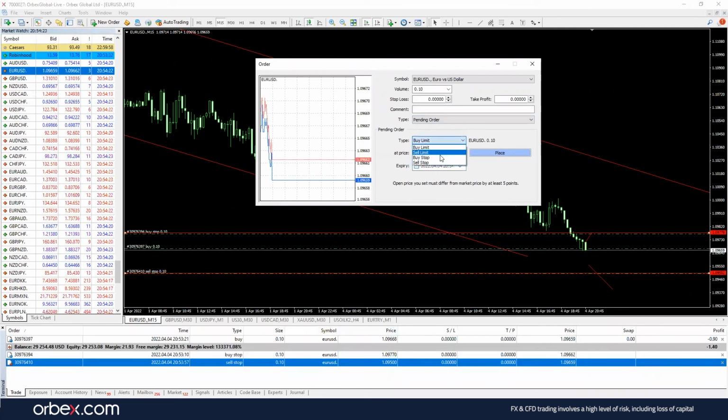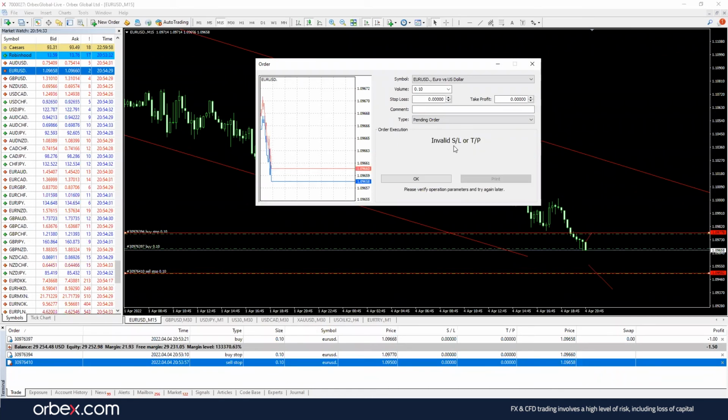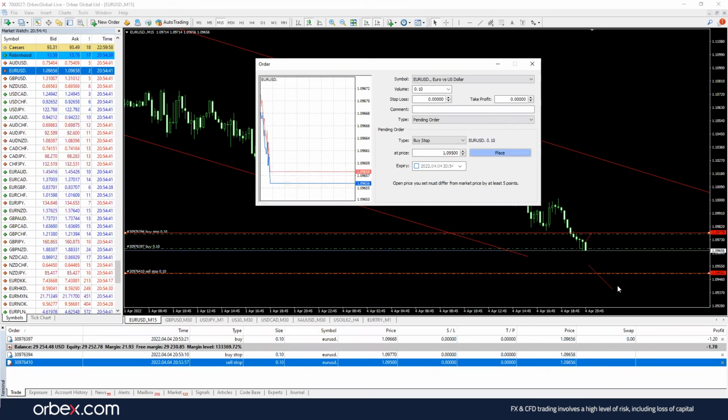And if you make the mistake of putting a buy stop lower than the bid, as you can see here, if I put the same price in, 1.0950, place, it's going to give me invalid, because a buy stop can only be set above the market price, the bid price, and a sell stop can only be set below. At the moment, the bid line is at 1.0965.